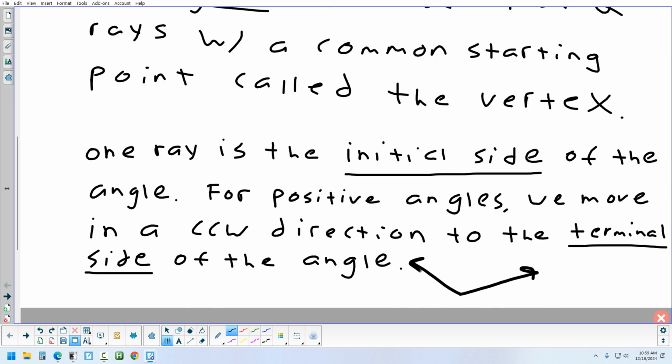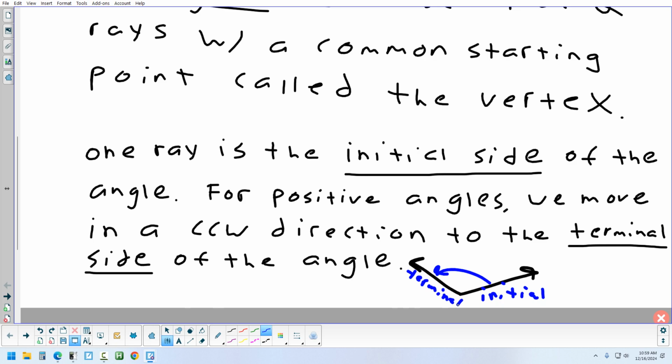if you draw two rays and you rotate between them counterclockwise, like this. Rotating between them. Where you start would be the initial, and where you end is the terminal.